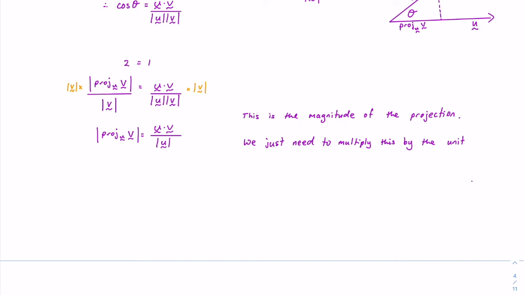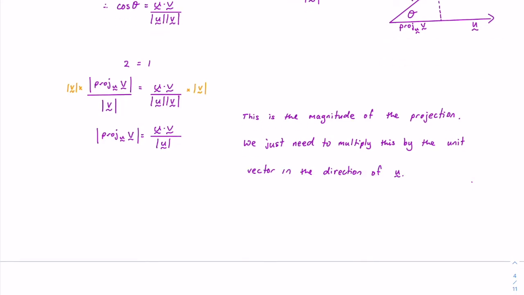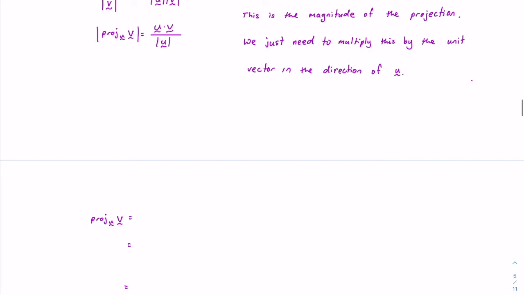And so we just need to multiply that magnitude by the unit vector in that direction. That's all we need to do, and that'll give us that as a vector. If we've got a unit vector and we say this projection was 3, we multiplied that vector by 3, then we would get that projection vector. So let's do that. The projection is the magnitude, as I said, multiplied by the unit vector.